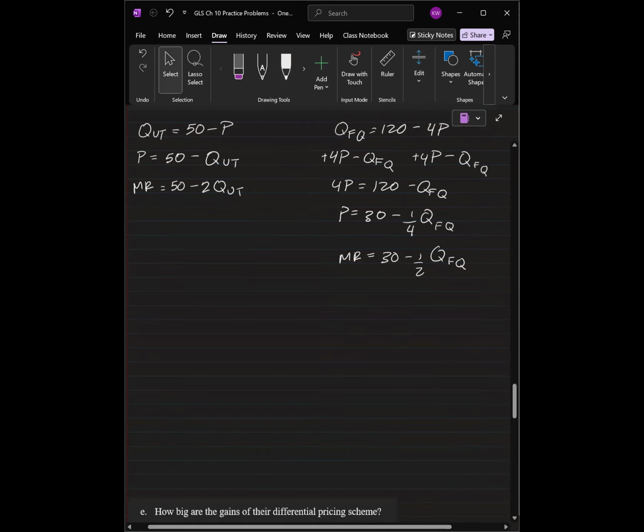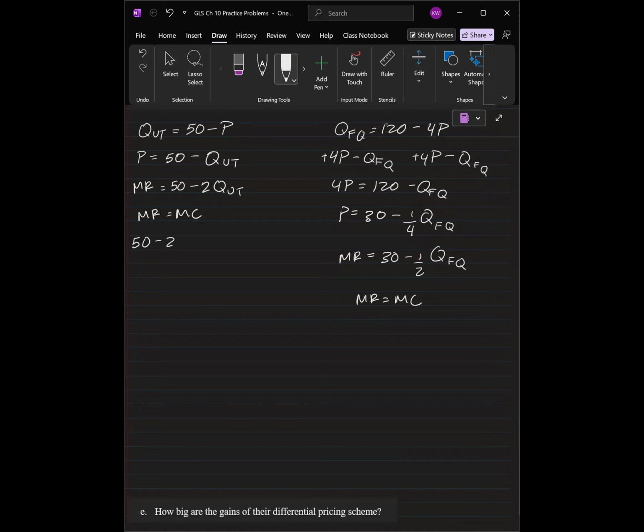Okay. Now we can set each of these equal to the firm's marginal costs, which again are constant at $6. So uptown will have 50 minus 2 times quantity equal to 6. And in the French Quarter, we'll have 30 minus 1/2 times quantity equal to 6.